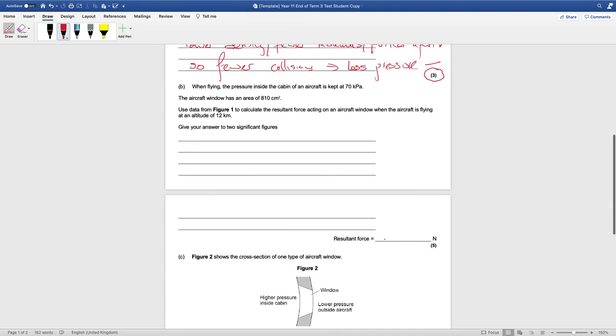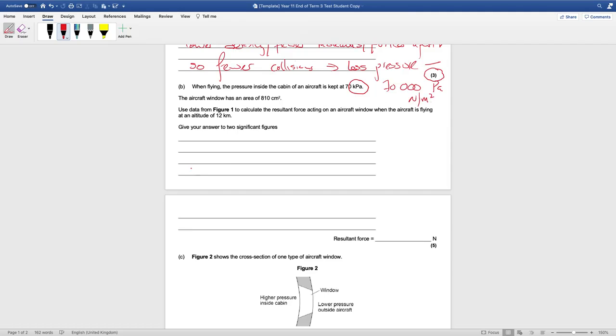When flying, the pressure inside the cabin of an aircraft is kept at 70 kilopascals. The first thing I would note is that it is kilopascals, so that's 70,000 pascals, and I would remind myself that is newtons per meter squared.